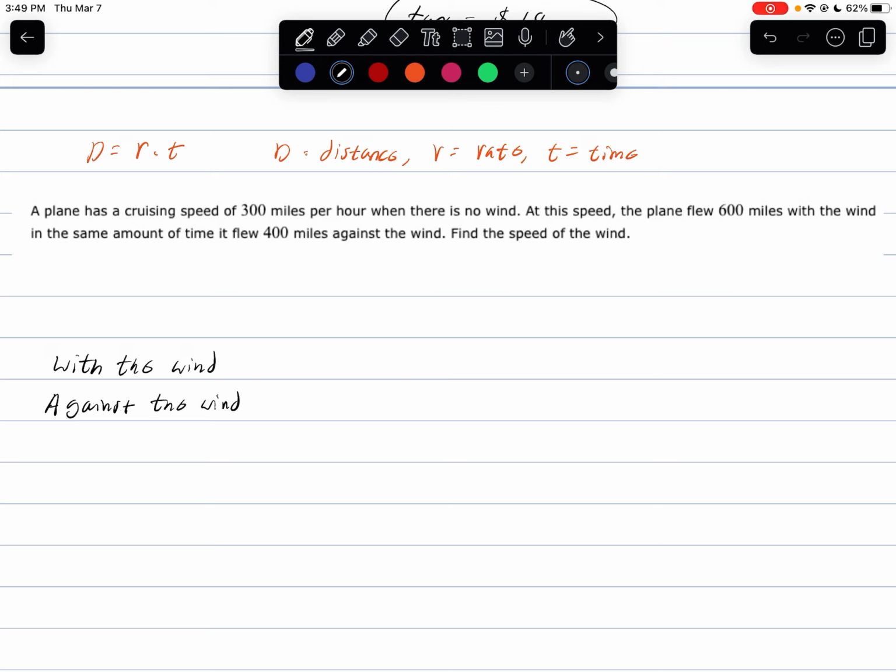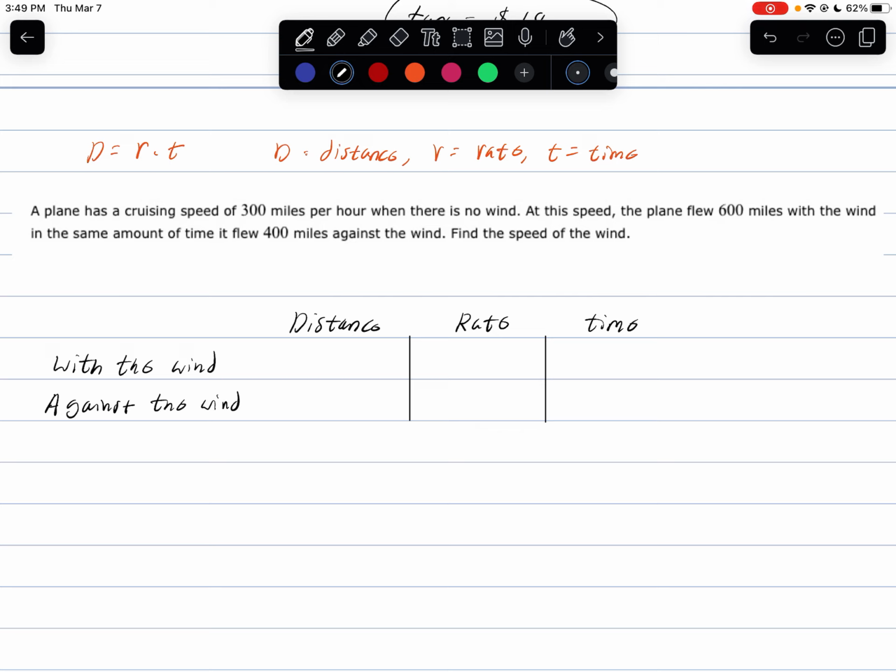So we need to know the distance the plane traveled, the rate, and the time. Let's start by seeing what we can do here.